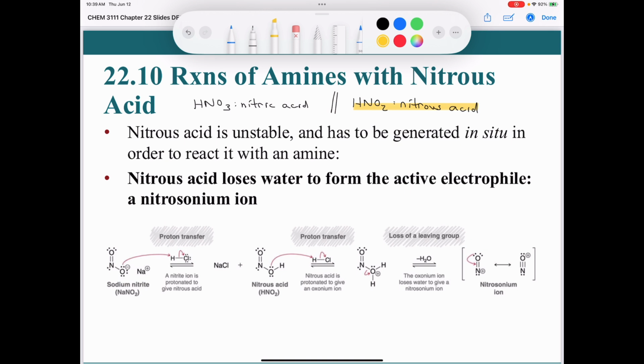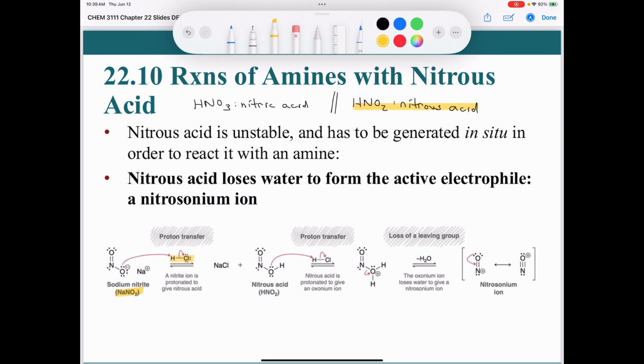The way that we make the nitrous acid in situ in the presence of the amine is by treating sodium nitrite, NaNO2, as you can see down here, with a strong acid like HCl or sulfuric acid. You can see they're using hydrochloric acid here.